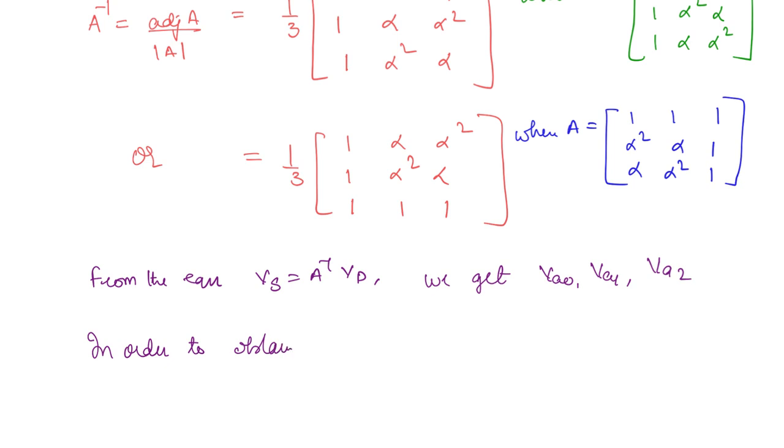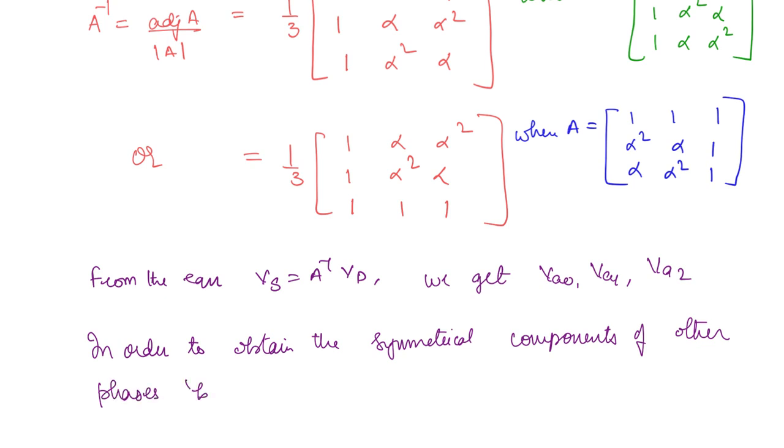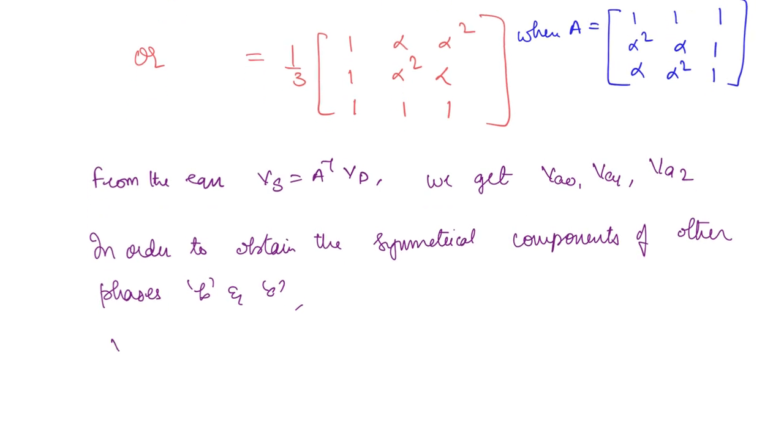So in order to obtain the symmetrical components of other phases, that is B and C, we can simply write Vb0 is equal to Va0. What is Vb1?